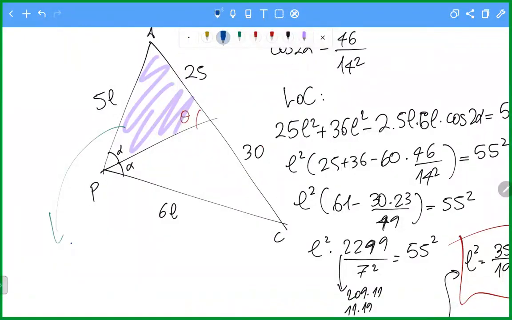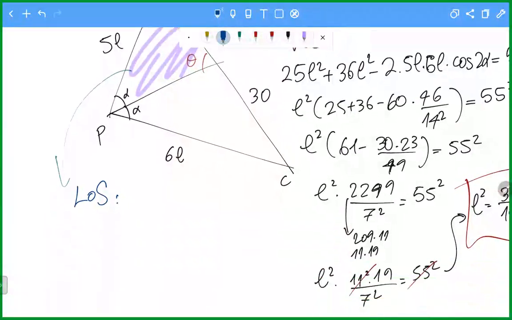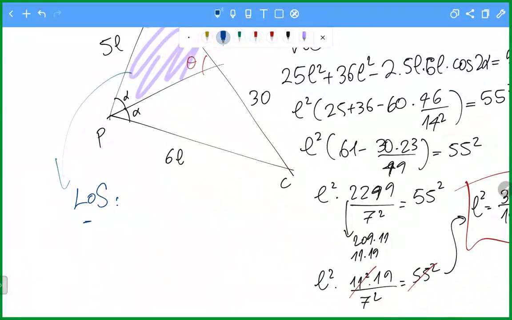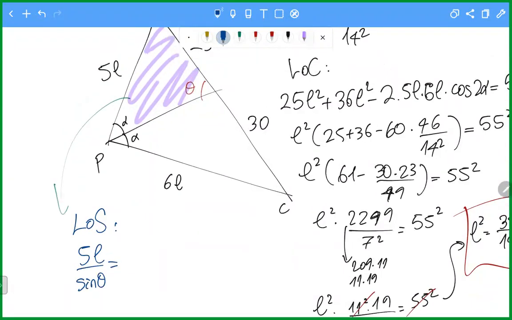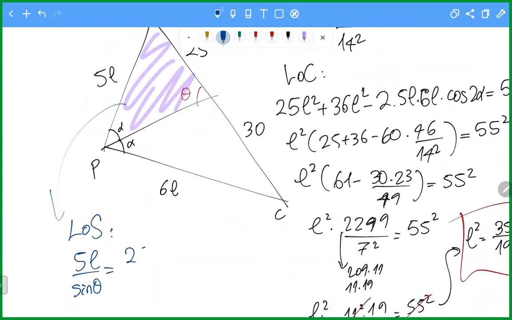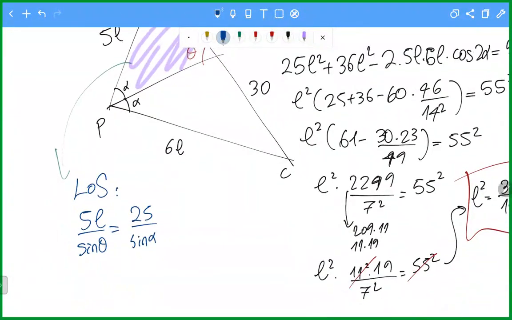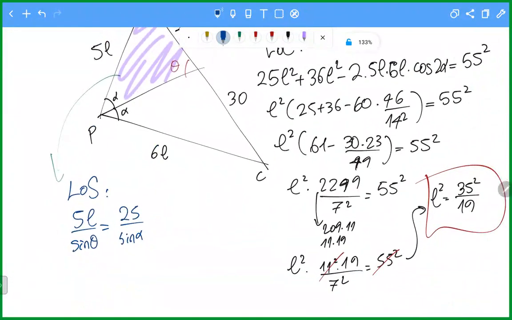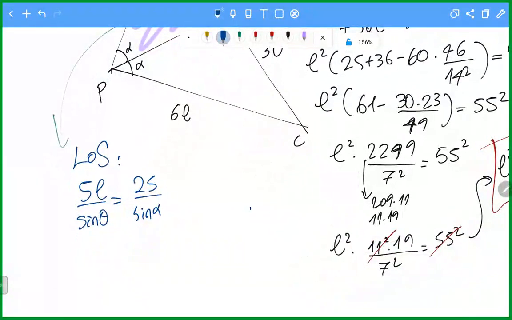So the law of sines tells me that 5L over sine theta equals 25 over sine alpha. Okay, and let's remind ourselves, as far as I remember, sine alpha is 5 root 3 over 14. Okay, yeah. So let's write everything down.